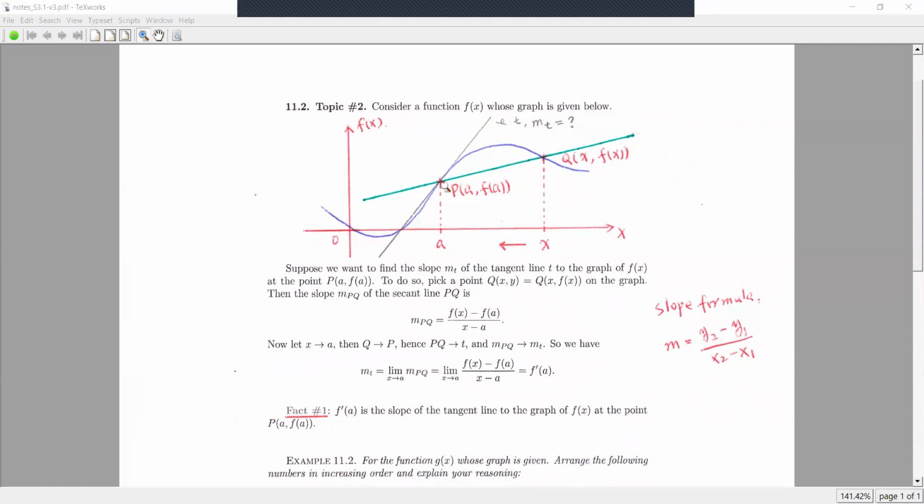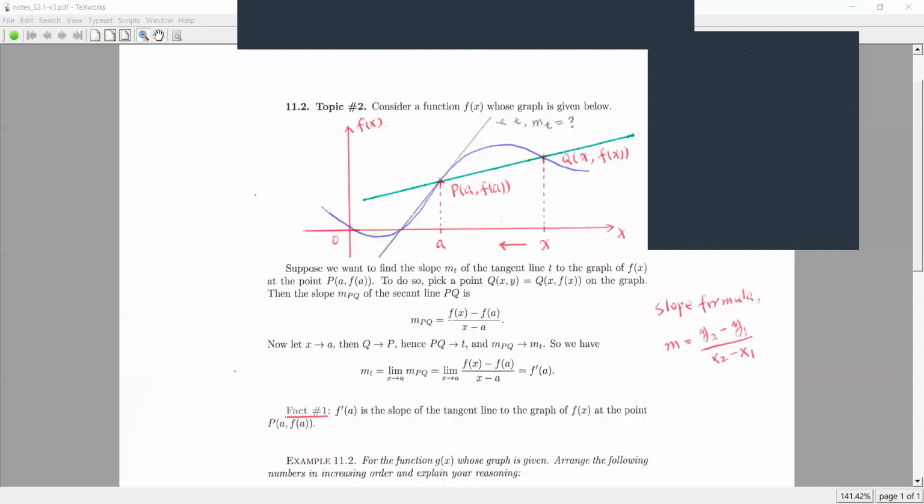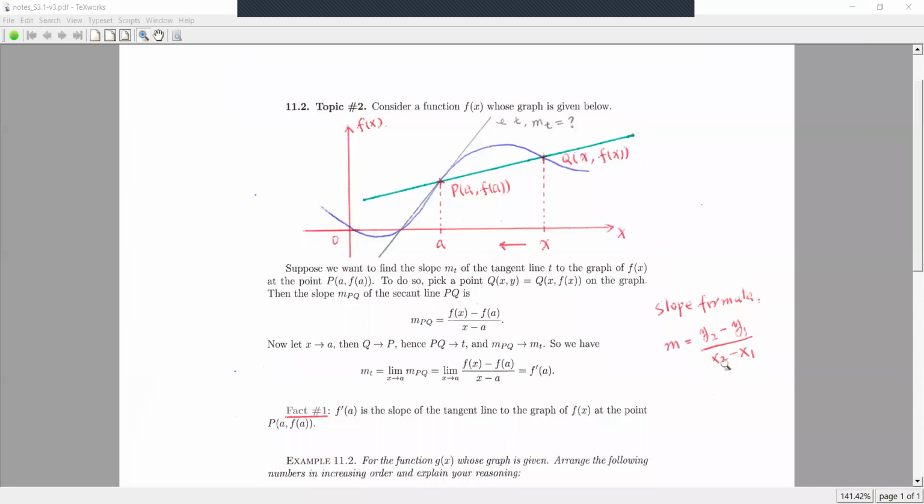Now, at the point P, there is a tangent line. And I want to find the slope of the tangent line. For the slope of a line, we have the slope formula. But this formula requires we know 2 points on the line.